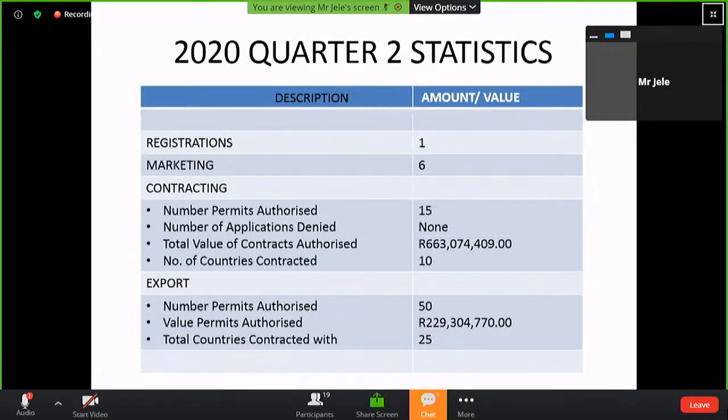And what actually happens in terms of the statistics, or what we did, was just to reissue the permits, because the permits have a validity date, and when that lapses, an export can actually not take place. So we just reissued permits which were already accounted for in previous quarters' statistics.